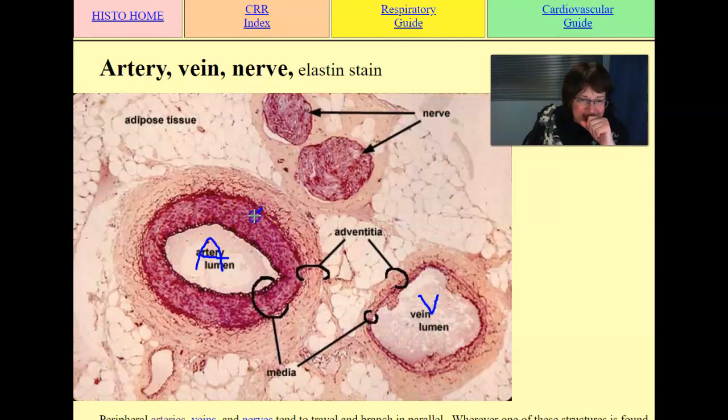Look how thick this is compared to the vein, which has very limited muscle layer. The outer layer is just connective tissue, usually for strength. Then around it, can you tell what these little bubbles are? This is adipose tissue to cushion, and also other connective tissue to hold it in.